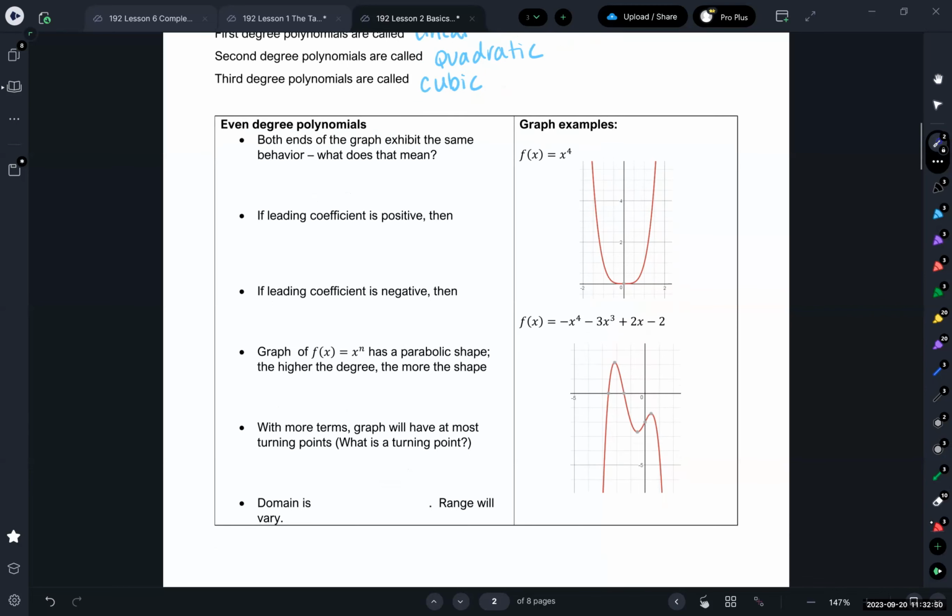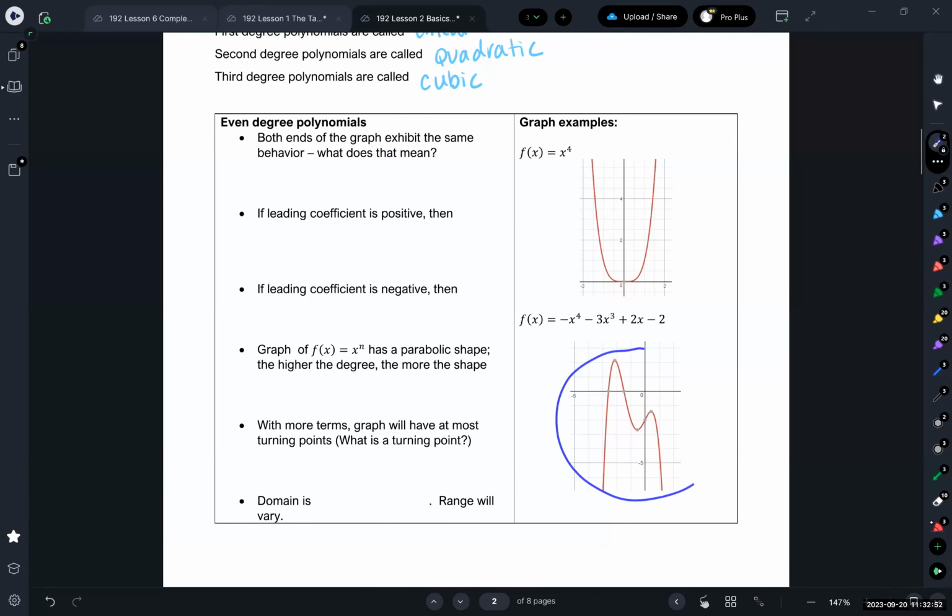If you were to see this graph, you could make some deductions about the equation of the polynomial based on the features of the graph. So you have a sense of what kind of polynomial it might be.